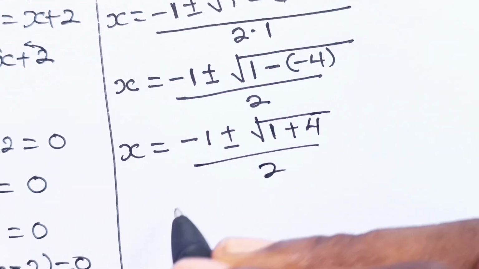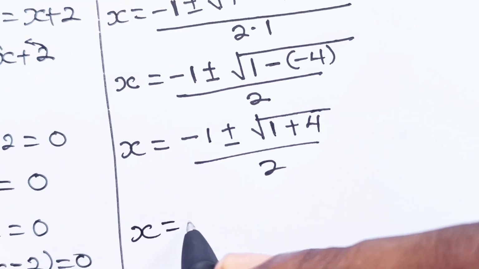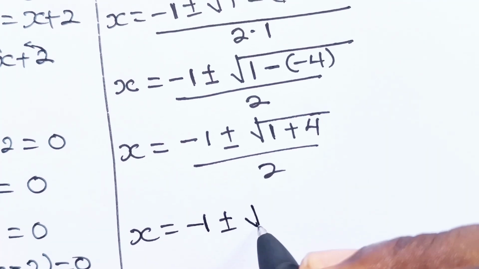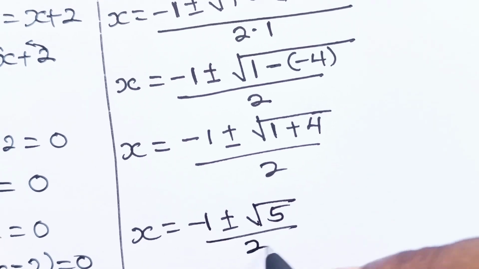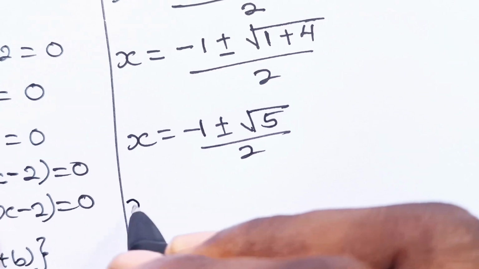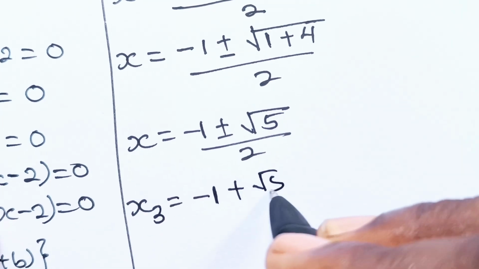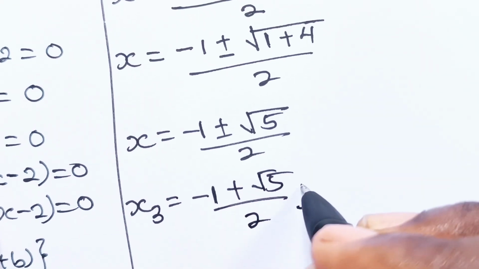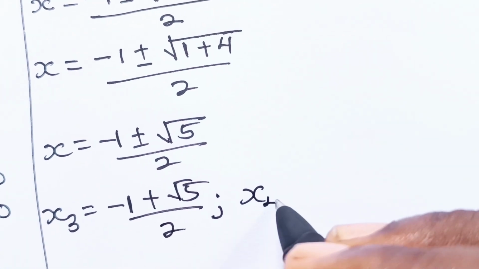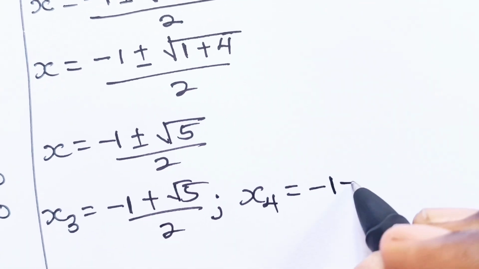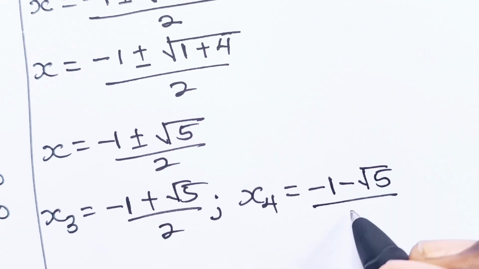So our x is minus 1 plus or minus square root of 5 divided by 2. So it means that the third value of x is minus 1 plus root 5 over 2. And the fourth value of x is minus 1 minus root 5 over 2.